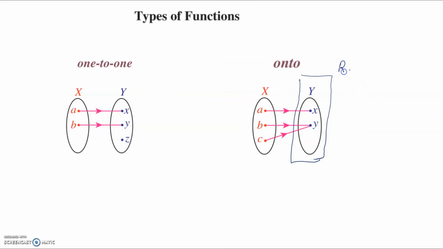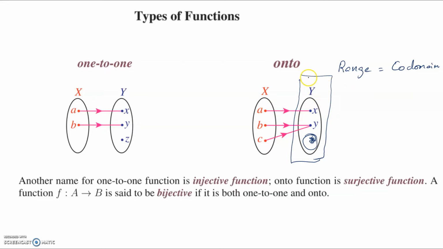Your range is equal to the codomain, which means there is no element left out in Y. All the elements in Y have been mapped from X. Such a function is called an onto function.